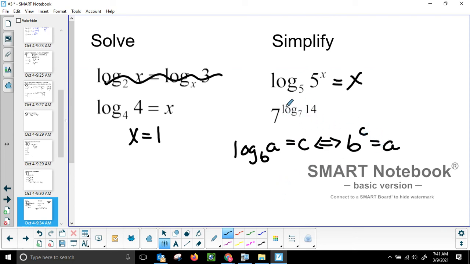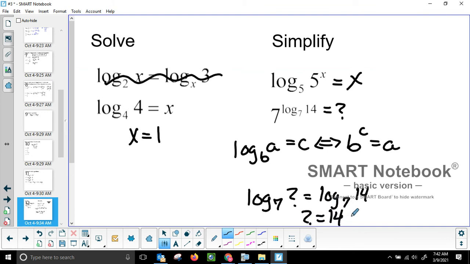So if I rewrite this, it's log base 7 of question mark equals this exponent, so log base 7 of 14. This gives me that if log base b of x equals log base b of y, then x must equal y.